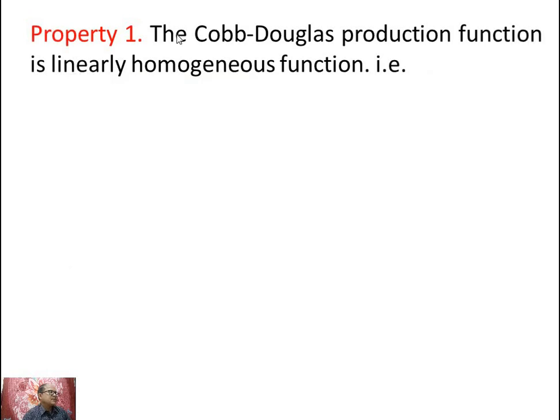Property 1. The Cobb-Douglas production function is a linearly homogeneous function, that is λQ = A (λK)^α (λL)^(1−α).